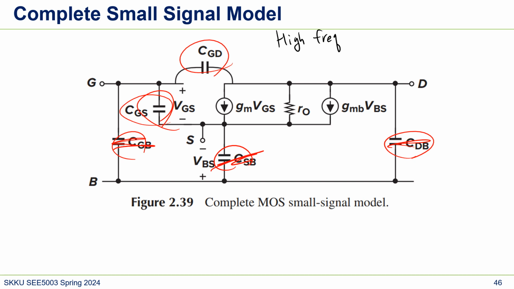We will see an example of when this capacitance is necessary. This is for high frequency, when we want to consider what the speed of the circuit is, what the maximum operating frequency is, something like that. We'll come back to using this capacitance.